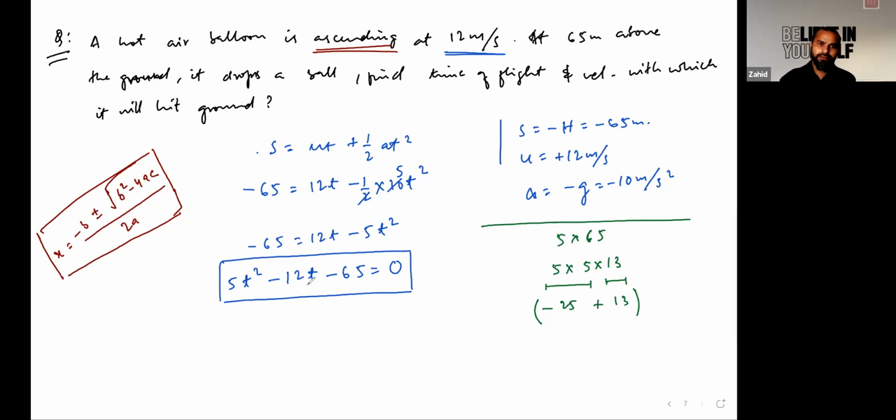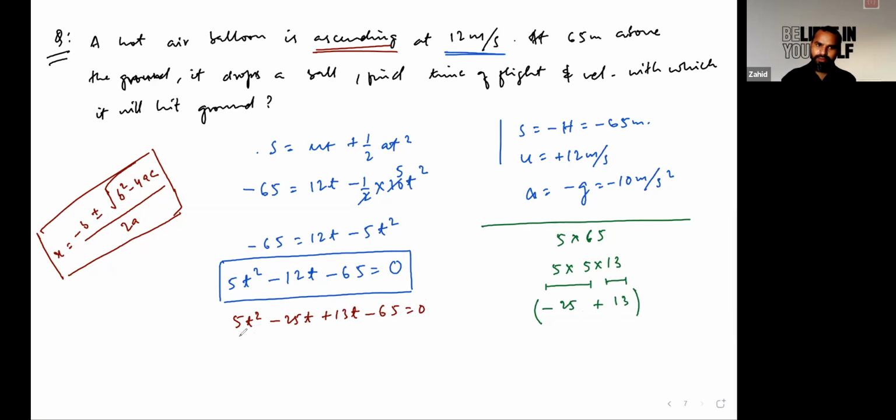If you split this part this way, it would be 5t squared minus 25t plus 13t minus 65 equals 0.